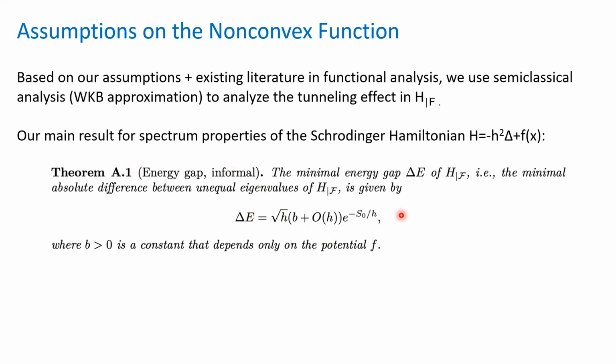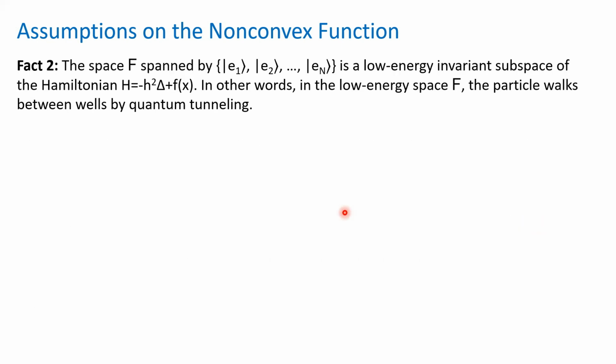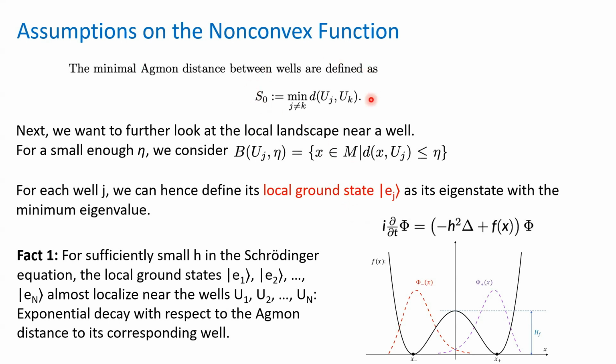The main dependence on h is e to the minus s0 divided by h, where s0 is the minimum among all the Ackermann distances between different local wells here.